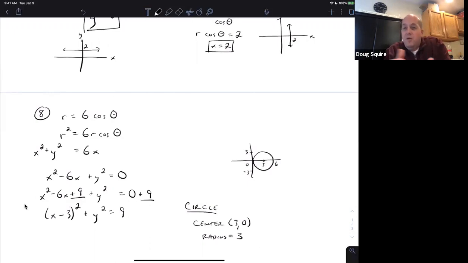That's another technique you can use. It obviously doesn't work every time. It works when you have this. And so what happens in Calc 3 is not so much that you want to be able to graph this circle, but sometimes when you're dealing with r cosine theta in an integral, it'd be a lot easier to deal with x in an integral. Or if you're dealing with x squared plus y squared in an integral, it might be easier to convert to r squared.